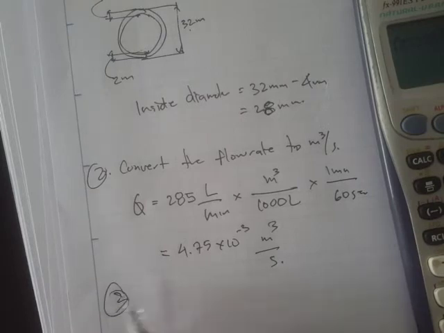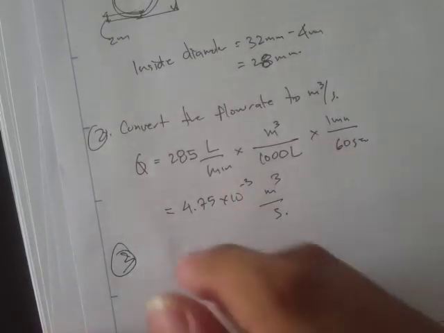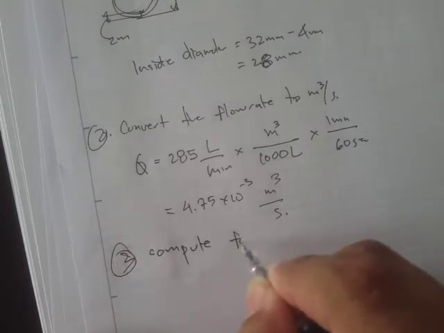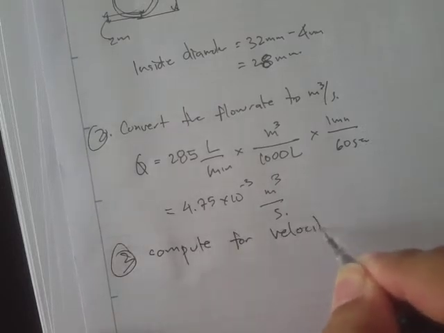So we have the flow rate and we have the area, then compute for velocity.